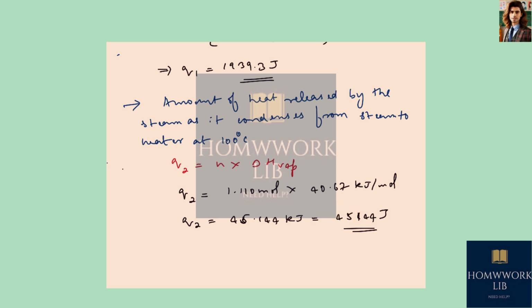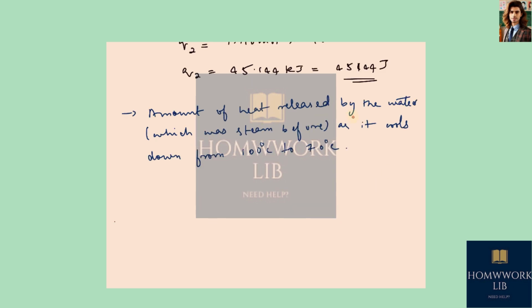Similarly, we have to find the amount of heat released by the water, which was steam before, as it cools down from 100 degrees to 70 degrees Celsius. For this we'll use the specific heat capacity of water, Cm water, whose value is given in the question.